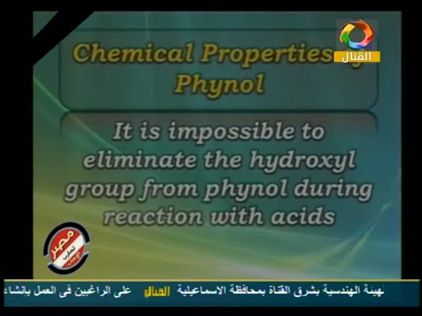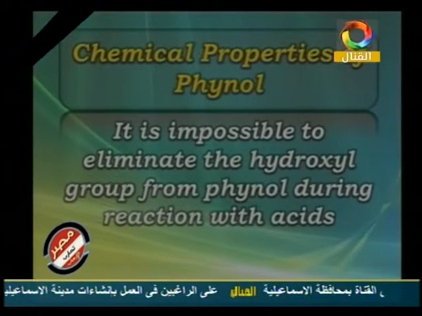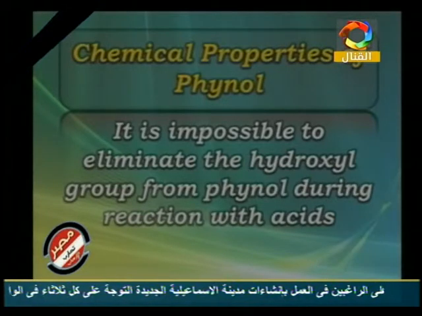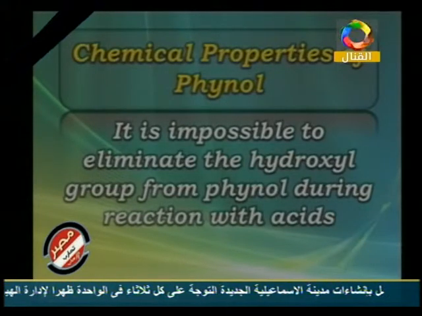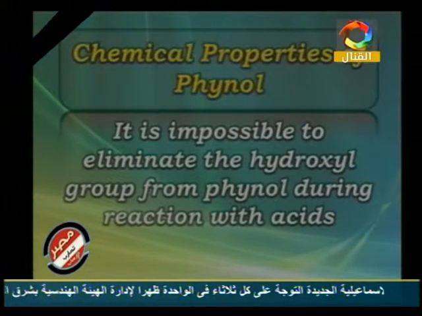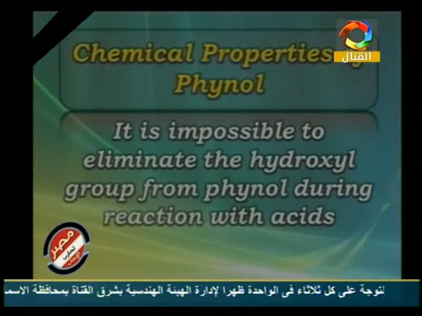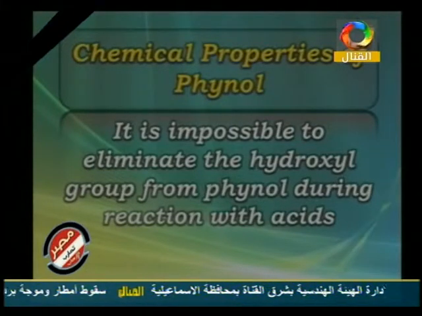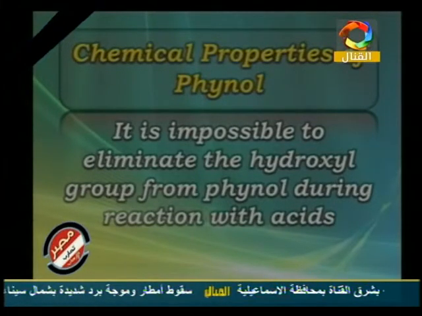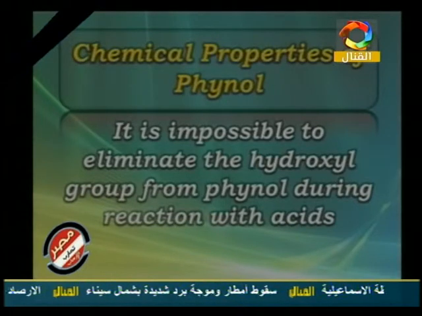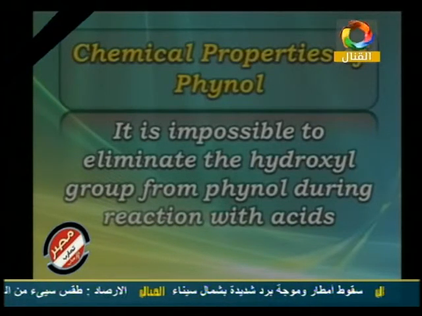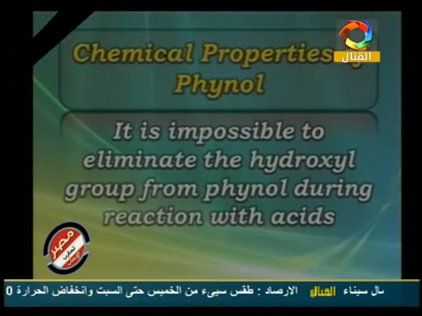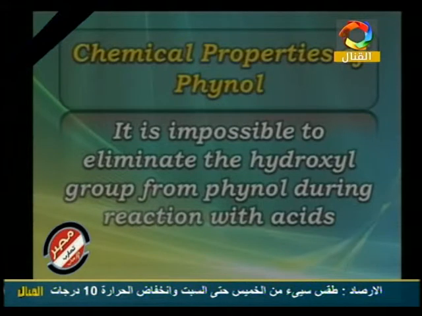So it is very impossible to move out this hydroxyl group, due to the strong bond between oxygen and hydrogen in the hydroxyl group. Hydrogen and oxygen bond very strongly together. Why? Because the hydrogen is positive and the oxygen is negative, so the attraction force between them is very strong. And it is a covalent bond, which is very strong, stronger than any type of bond.